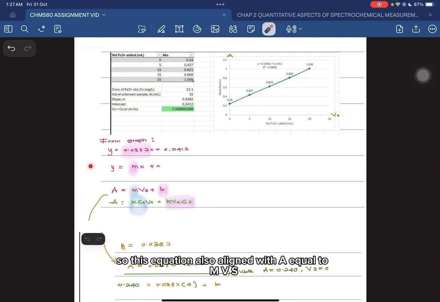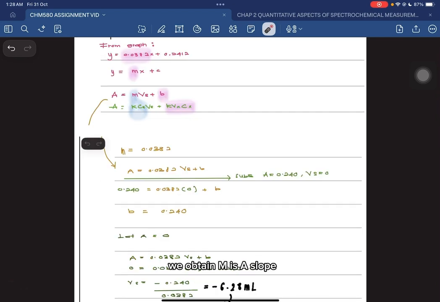This equation also aligns with A equal to m Vs plus b, and is also aligned with A equal to K Cs Vs plus K Vx Cx. From our data, we obtain m as the slope, which is 0.0382. Then this slope can be substituted in this equation, so we can obtain A equal to 0.0382 Vs plus b.